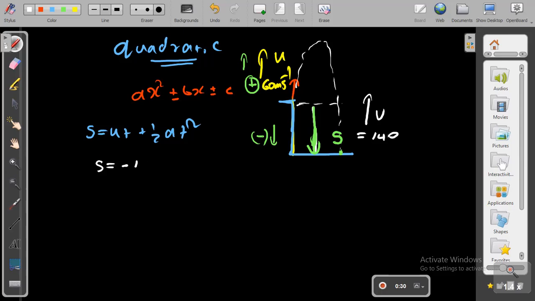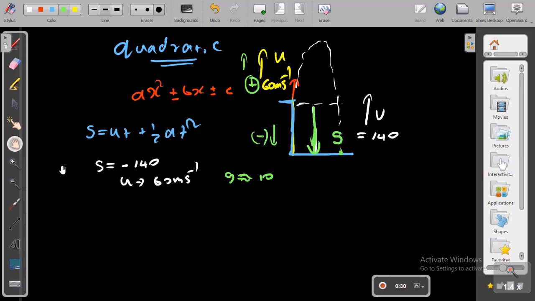And u is 60 m/s, a positive value. And finally, acceleration due to gravity, we can take nearly as 10.